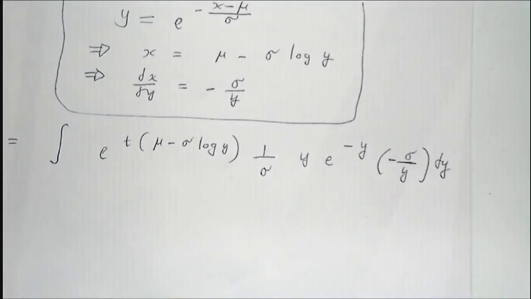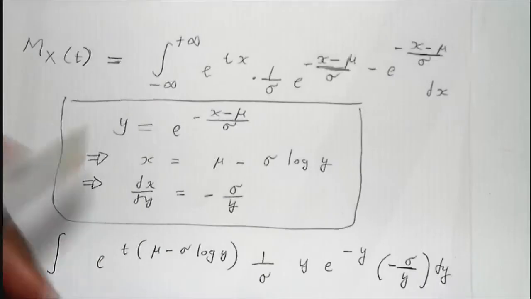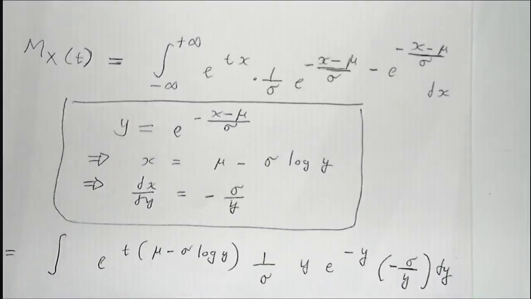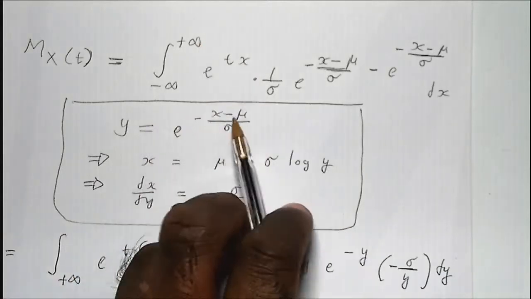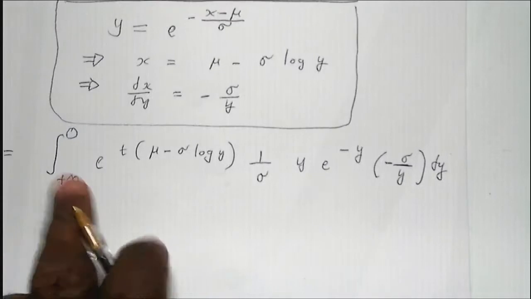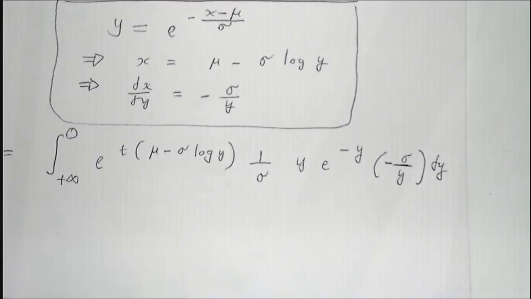When x is minus infinity, y will be plus infinity, and when x is plus infinity, y will be 0. So the limits go from plus infinity to 0.